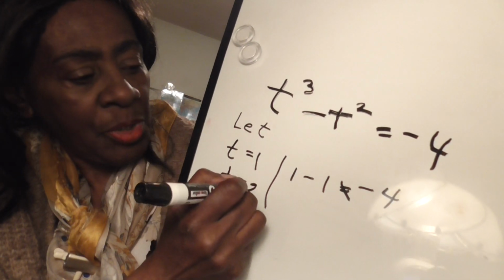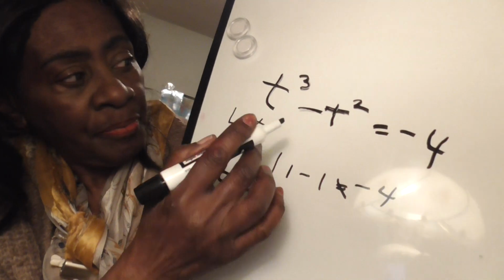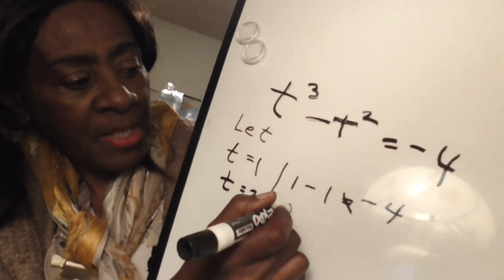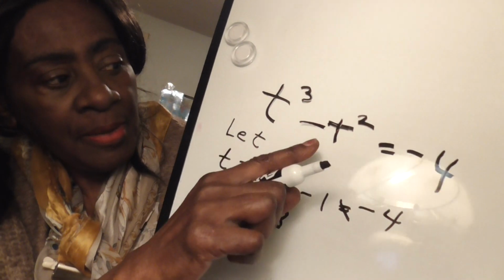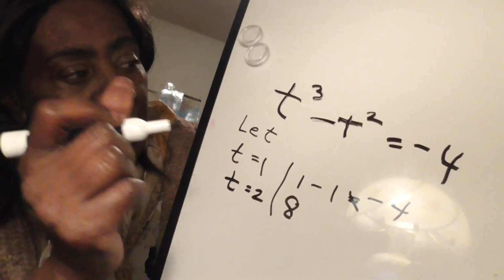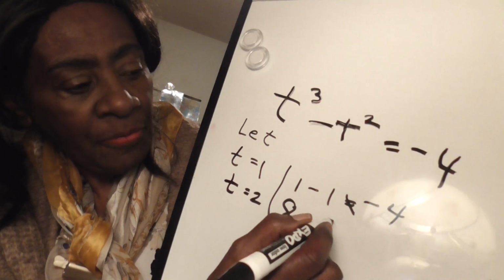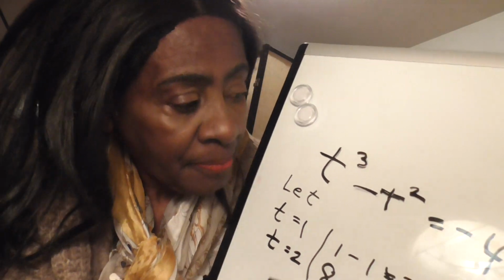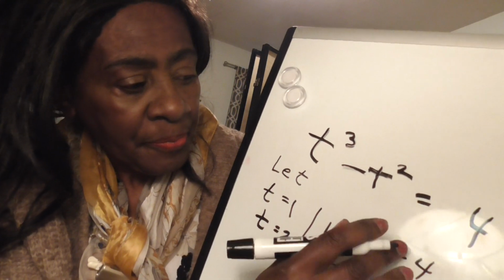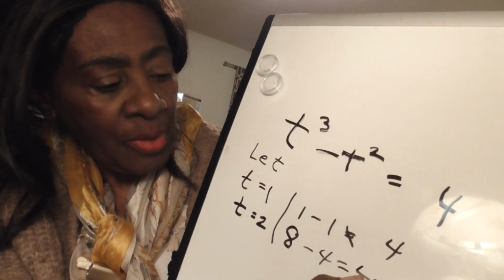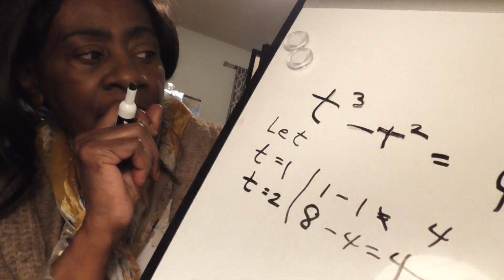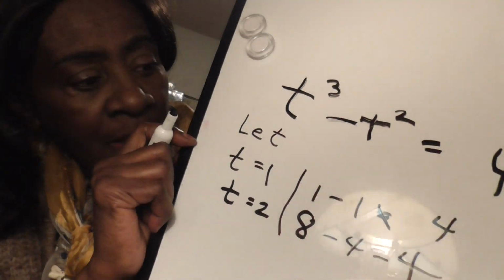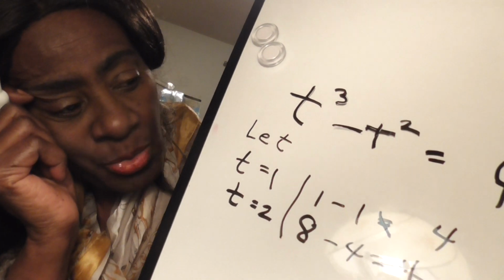If t were equal to 2, t to the third power is 8 minus 2 squared, which is 4, equals 4. So t to the third power minus t squared equals 4. If we let t equal 1, 1 minus 1 does not equal 4.